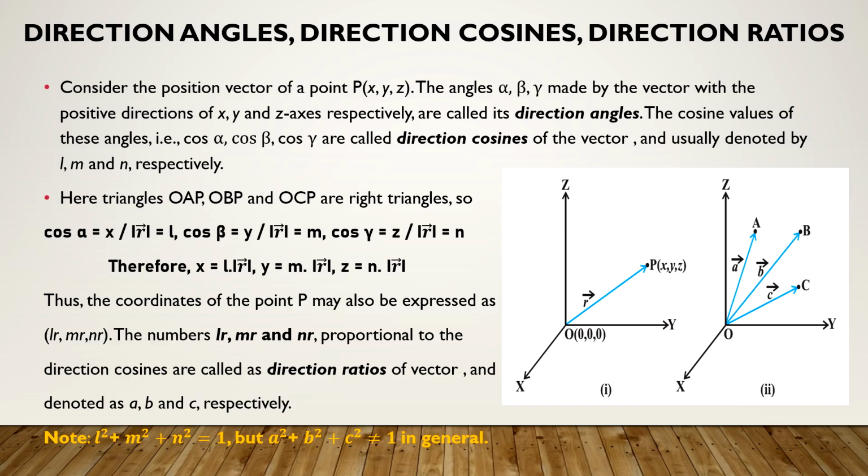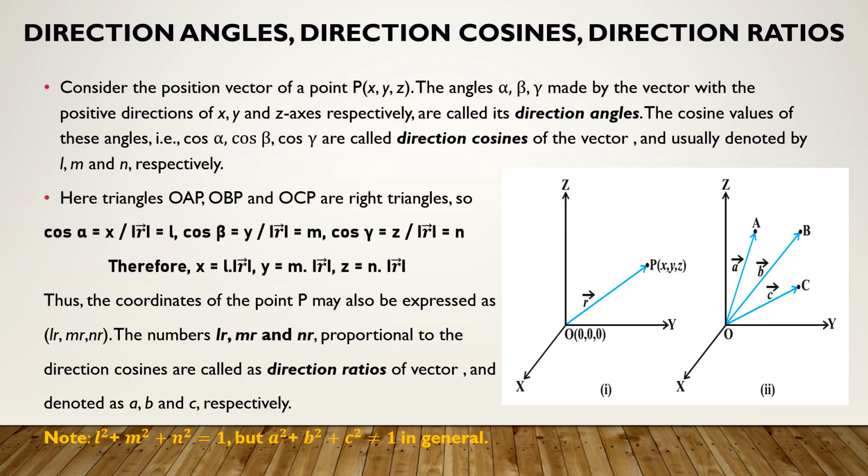Then these alpha, beta, gamma are called the direction angles. When you take cos alpha, cos beta, cos gamma, they are called the direction cosines of the vector. These direction cosines you generally denote by l, m, and n. That means cos alpha is l, cos beta is m, and cos gamma is n.